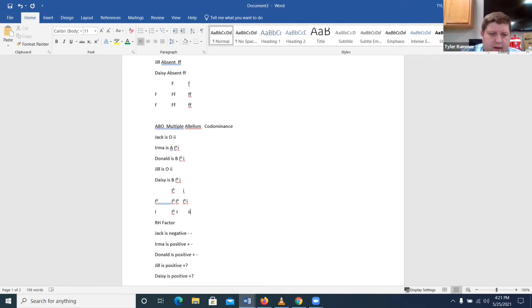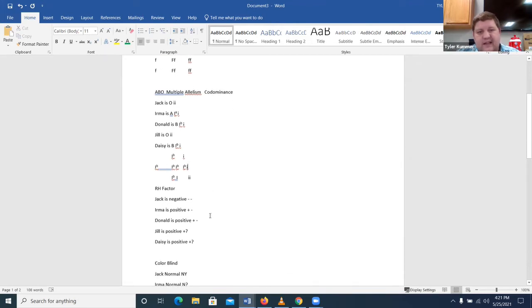One of those four, so 25% of our possible combinations, is going to be homozygous recessive. So once again, we cannot rule Donald out as Jill's father based on that cross.